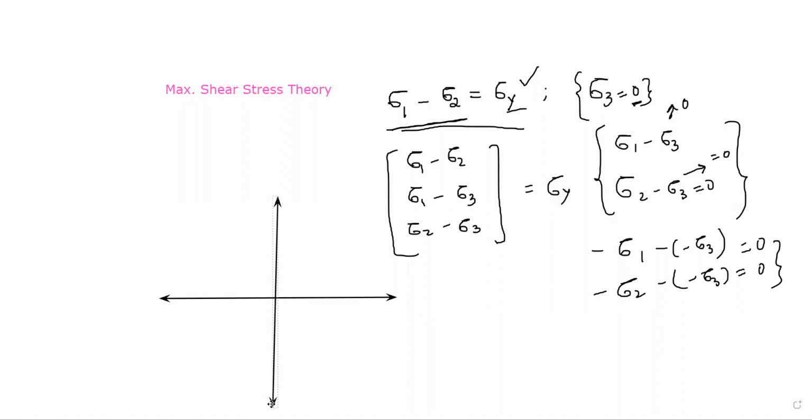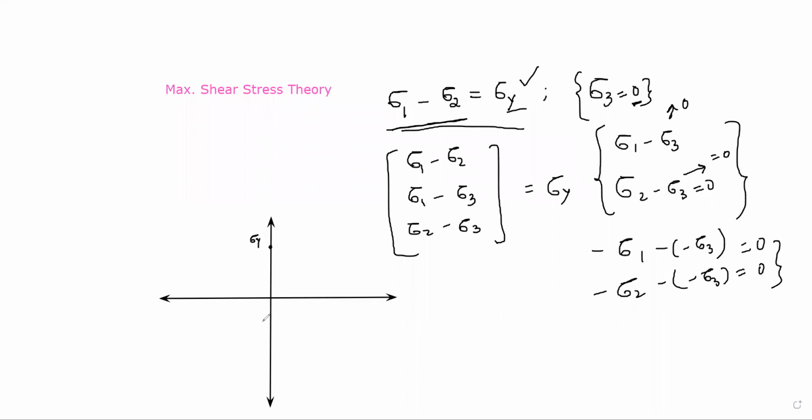Let me draw it perfectly. Undo this. Yes. So look at the first point. The first point is this, our sigma y. This is plus sigma y.